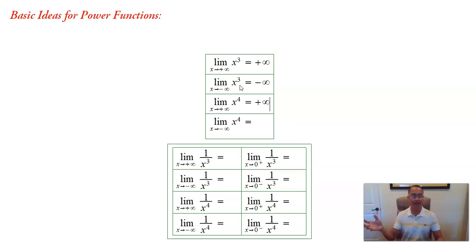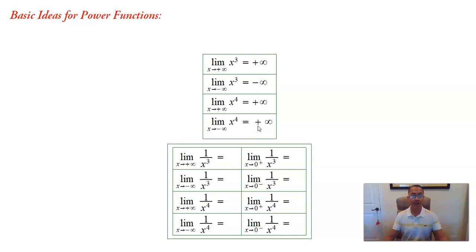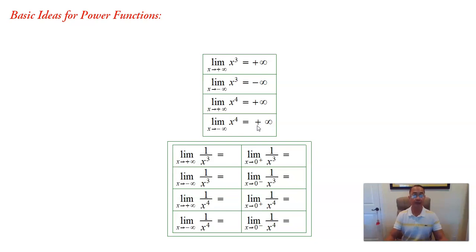Negative times negative times negative is negative. But if you multiply negative 1 million to itself 4 times, then you will get positive infinity still. The sign will stay positive. So that is a slightly different answer from what we see above. Let us verify that these 4 limits are correct in GeoGebra.